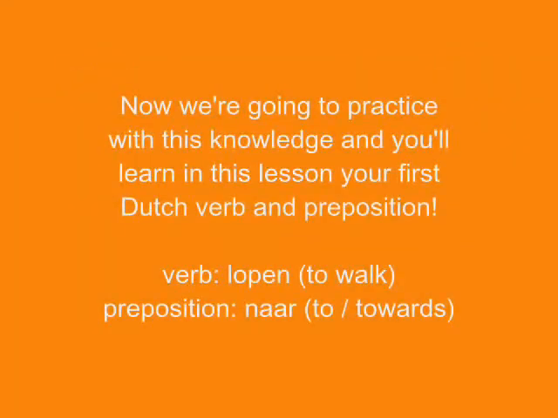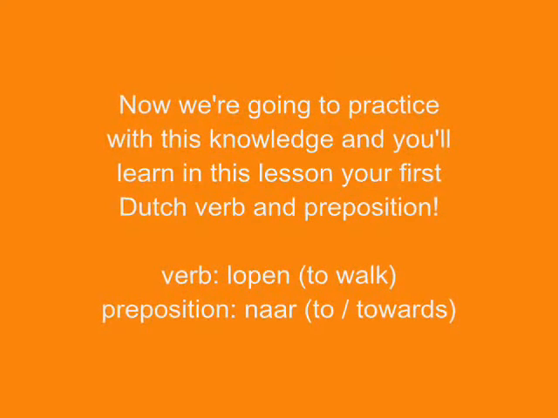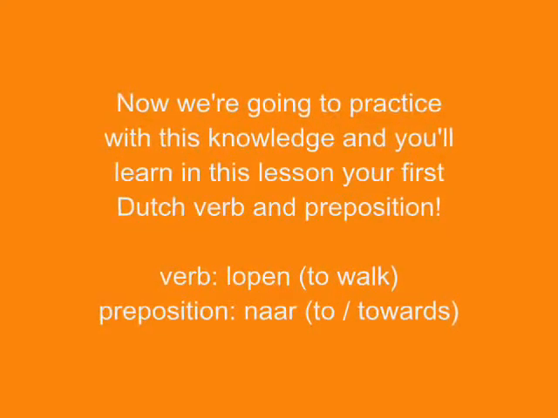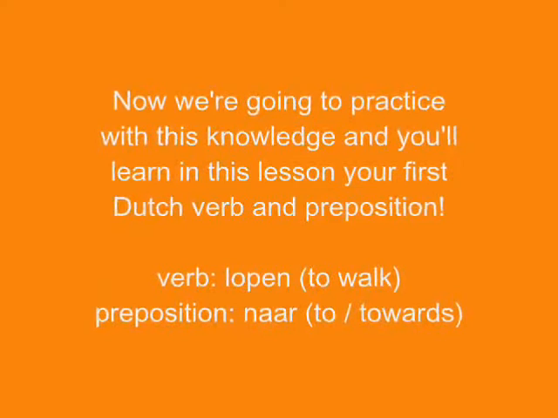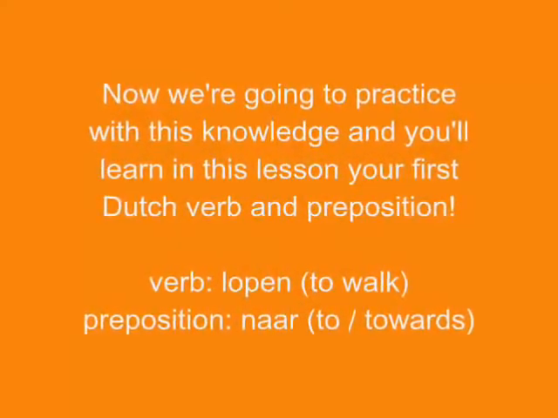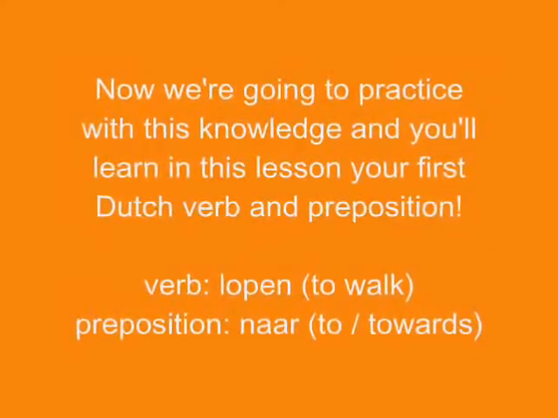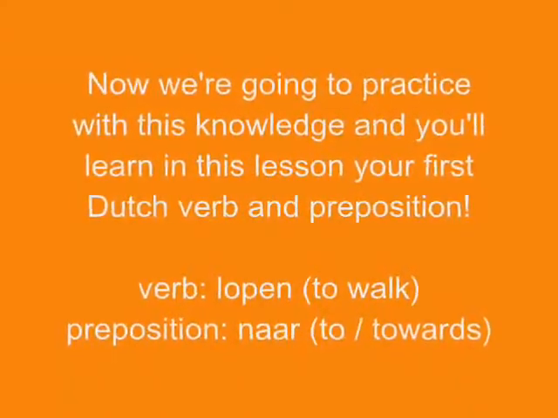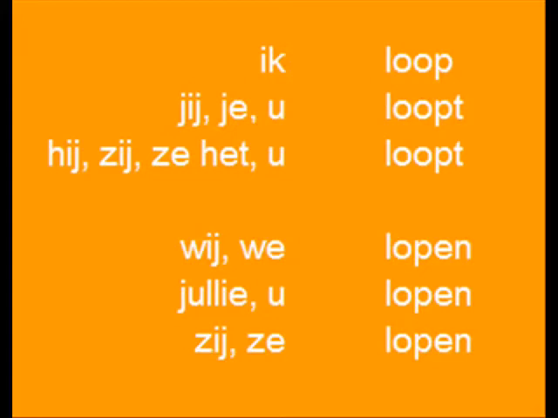Now we're going to practice with this knowledge, and you'll learn in this lesson your first Dutch verb and preposition. The verb is lopen, which means to walk, and the preposition is naar, which can be translated as to or towards. Well, let's take a look at the verb lopen conjugated in simple present.